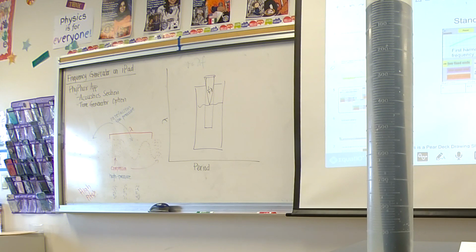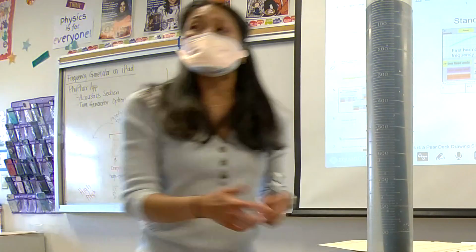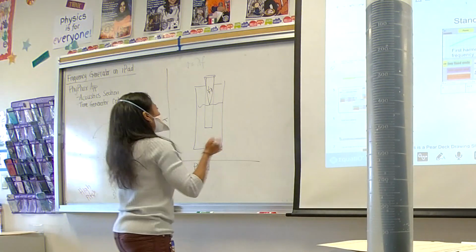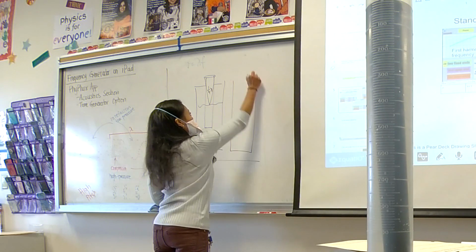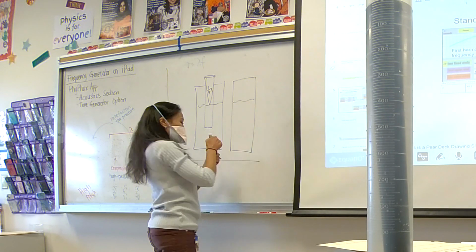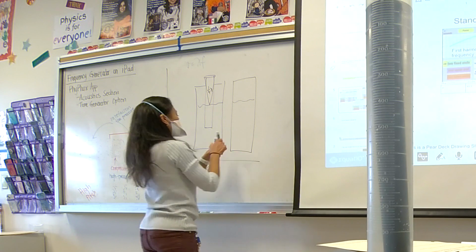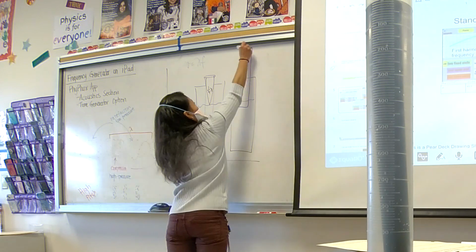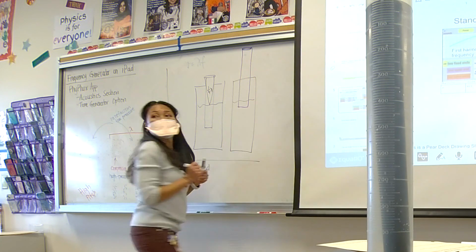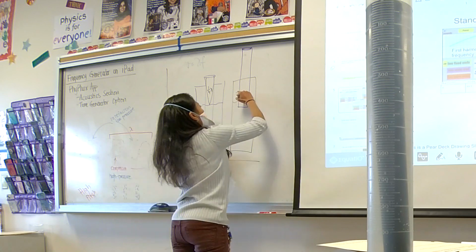How do we know that it's 1/4 of the wave, and why is it there at the top? So you could actually have a third harmonic. I'll show you a scenario where we have maybe the tube come up higher. So this third harmonic would look like this.